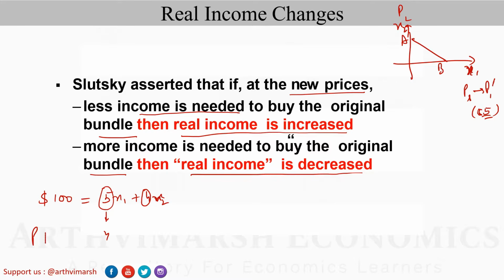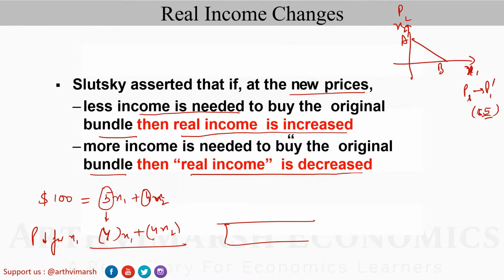The price reduced for x1, it went down to 4, and for x2 it remained the same. So it's 4x1, 4x2. Now for the new budget line, if you observe what points we get on the graph for x1 and x2, if x1 is 0, your x2 will be, because this was equal to 100, 25, right?